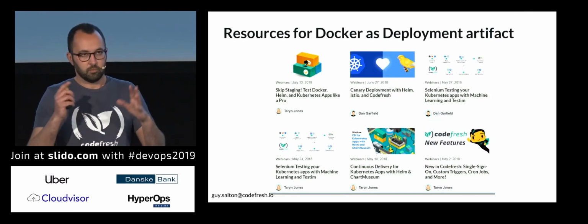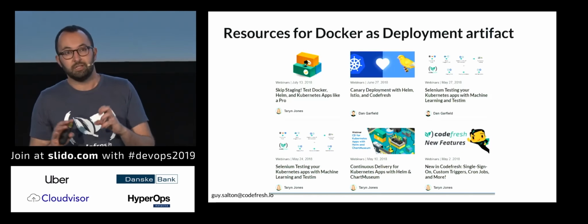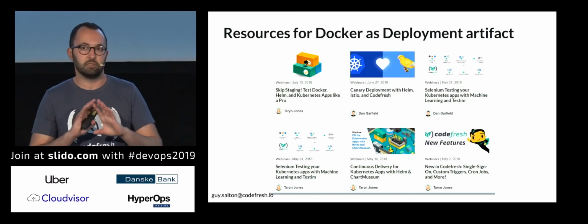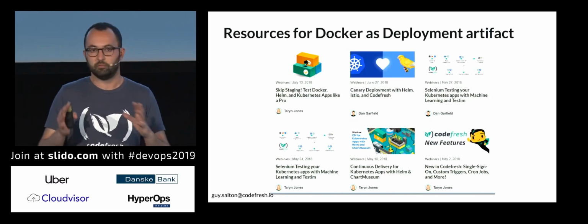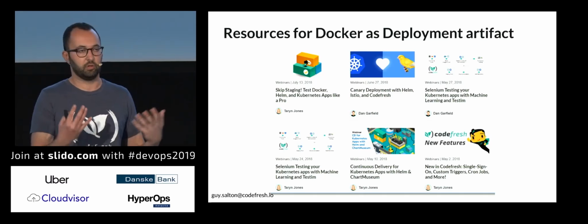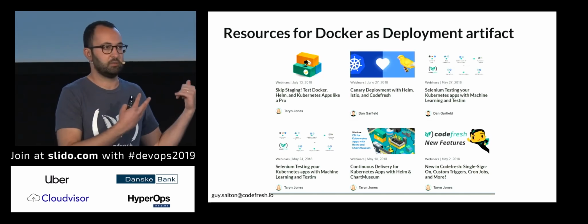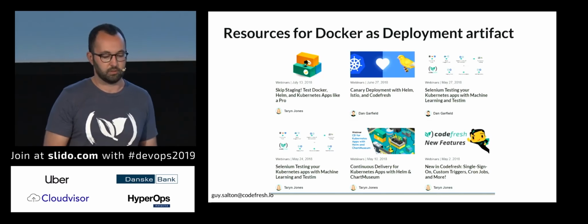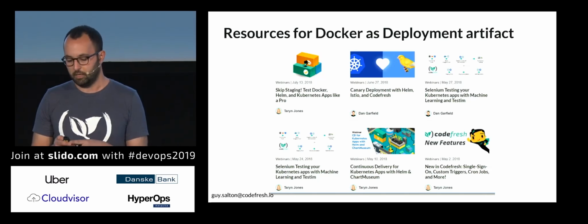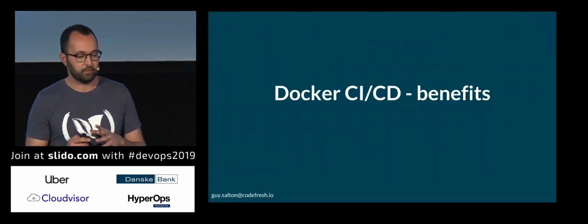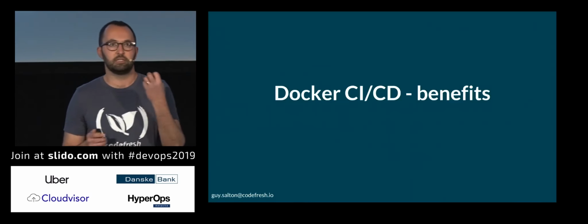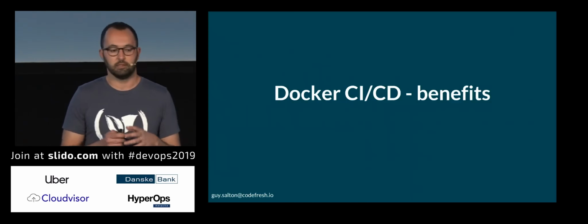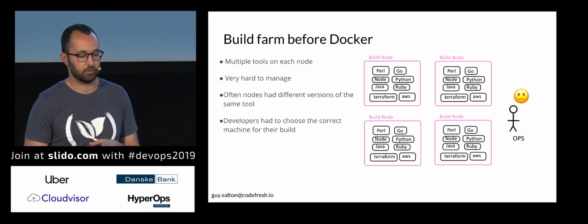Again, Docker as a deployment artifact is a very important topic in itself, and we actually have a lot of information about it on our blog and webinars that you're welcome to check out. But again, we're going to focus on the CI/CD pipelines scope in this talk.